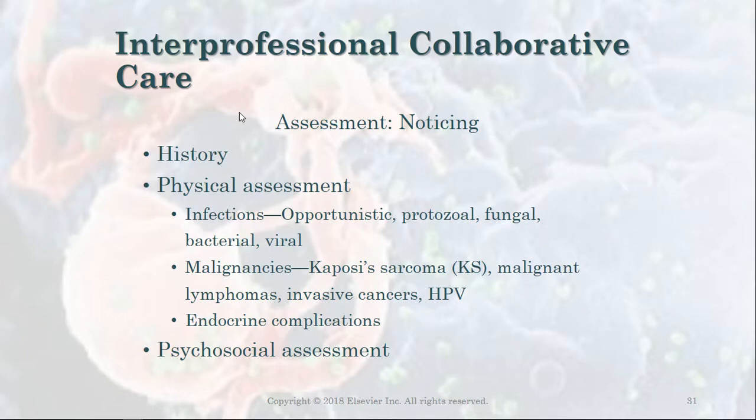Two, we want to do a good physical assessment and look over their body for malignancies such as Kaposi sarcoma, malignant lymphomas, invasive cancers, and also HPV. When you have a diagnosis of HIV, of course, your immune system is suppressed, so it makes you more susceptible to opportunistic infections, especially sexually transmitted infections.